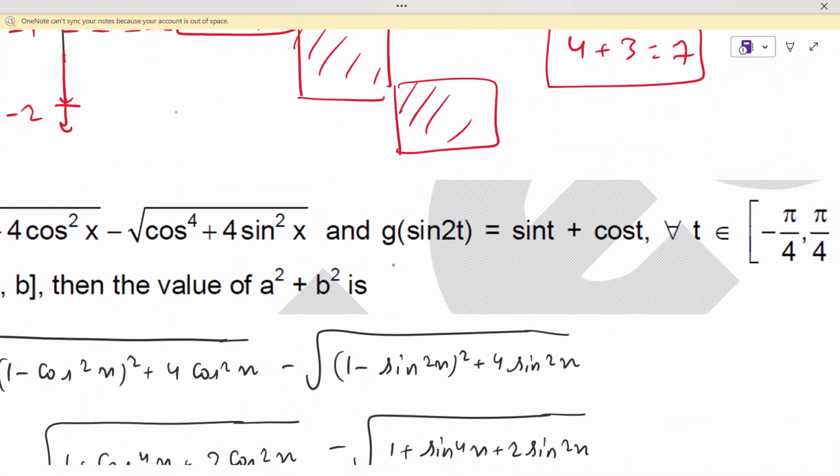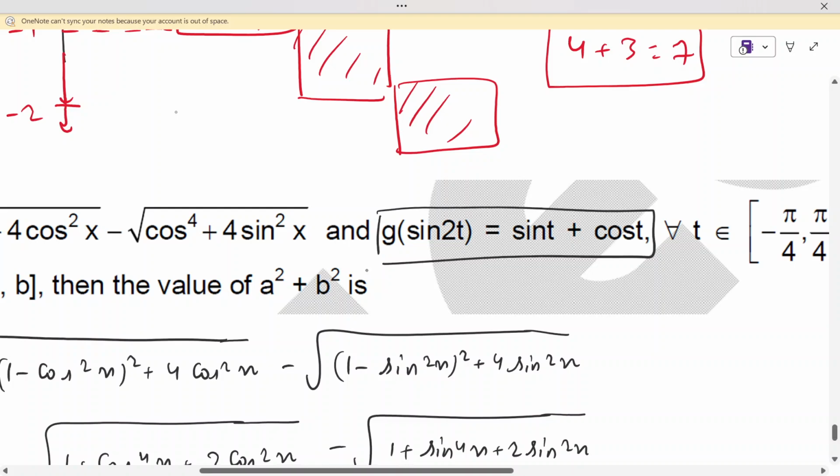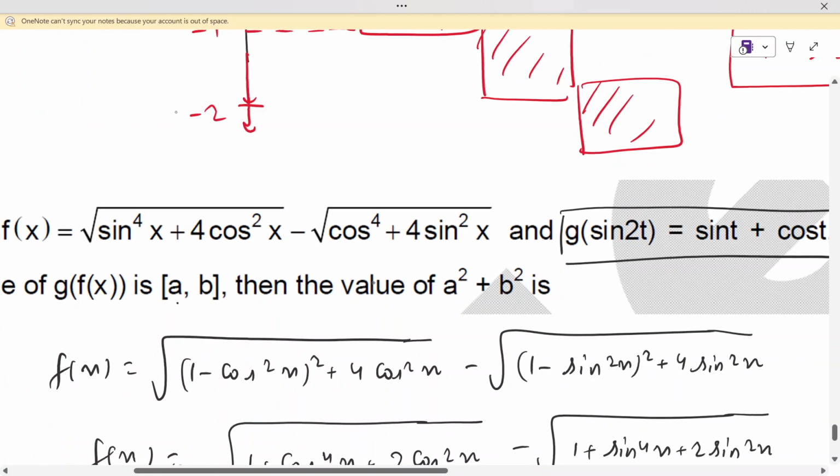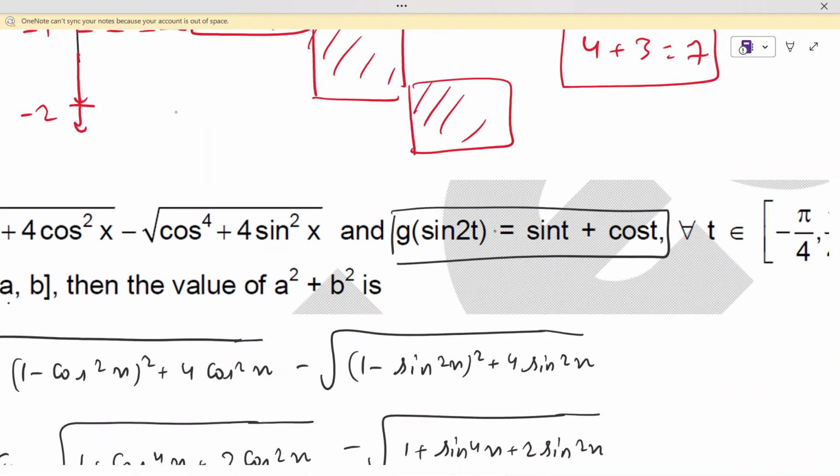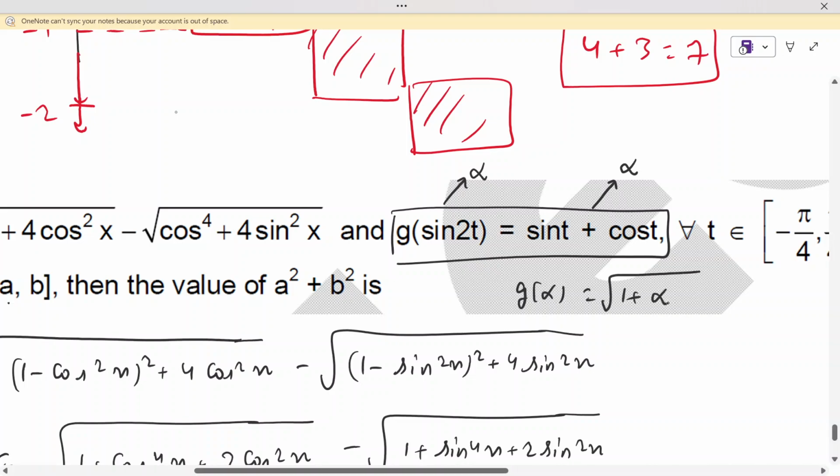Now it says g(sin 2t) equal to sin t plus cos t. You can easily see, this thing I'm declaring as alpha, right? So actually g(alpha) is root 1 plus alpha, isn't it?